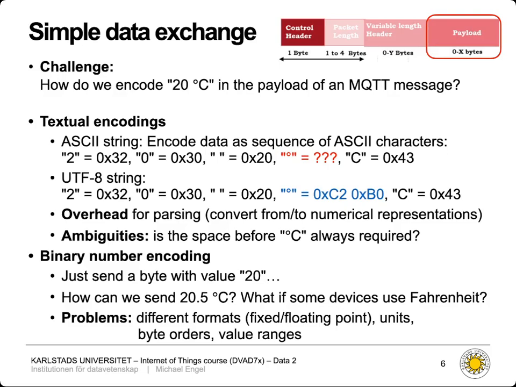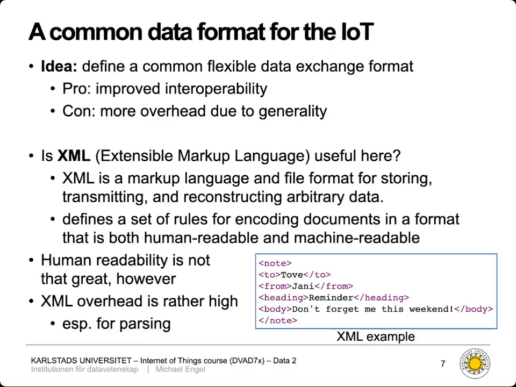Binary number encoding has very many ambiguities and problems. Textual encoding has overhead and also ambiguities. Now, we need to find a way to make this work easier with a large number of systems. So what we want to have is a common data format for IoT applications.